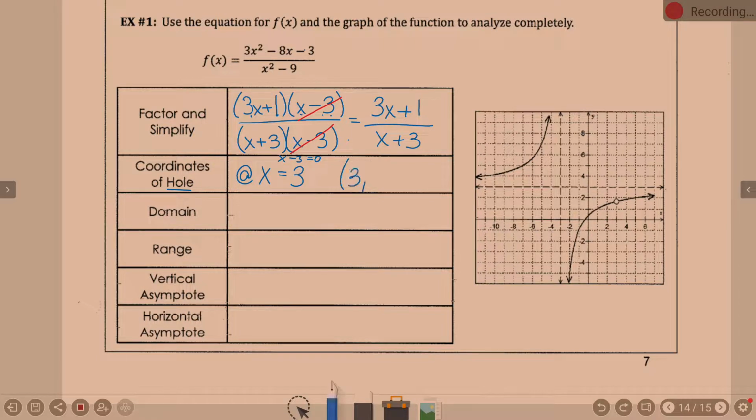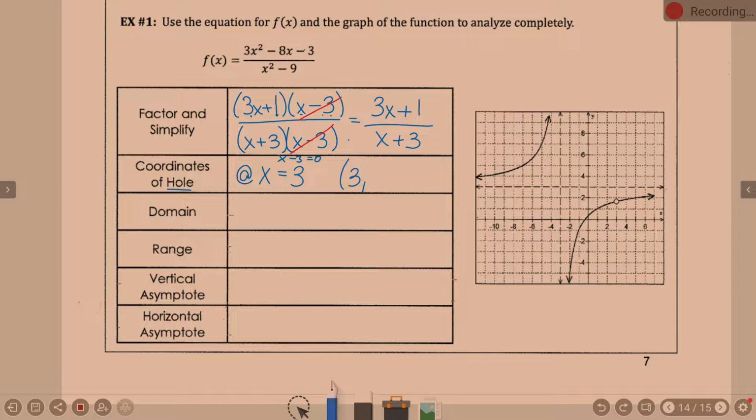Now, for later, you need the coordinates there. So there's a hole, because it actually says coordinates of the hole. 3, comma, how do I get the other coordinate? Take 3. You can plug it into the original. You can plug it into the factored or the simplified. I'm going for the simplified.